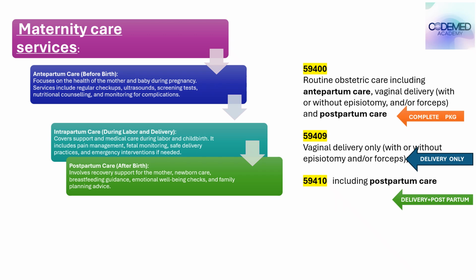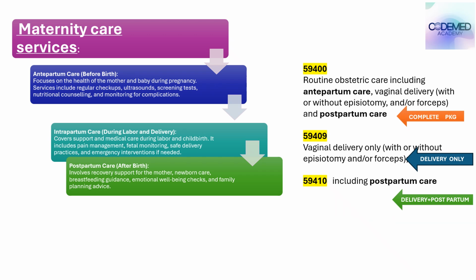Now, if you look at the codes, these are the codes for the vaginal delivery. And this is 59400. It talks about the complete package because it includes the antepartum care, vaginal delivery, and the postpartum care. While 59409 includes only the vaginal delivery. While 59410 includes the vaginal delivery and the postpartum care.